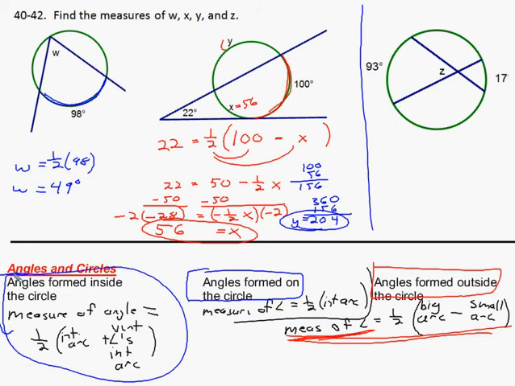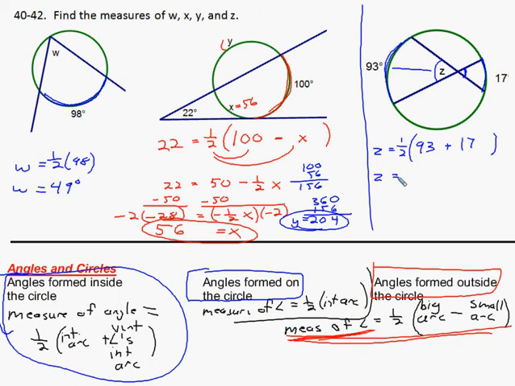And it's inside the circle, so what we're going to do is we have the measure of the angle, which in this case we're looking for, so z equals 1/2 the sum, so here's the angle we're looking for, of its intercepted arc. It's intercepting this arc right here, 93, plus its vertical angle's intercepted arc. So we have to look across. Here's our vertical angle, and here's its intercepted arc, which is that 17 degrees.